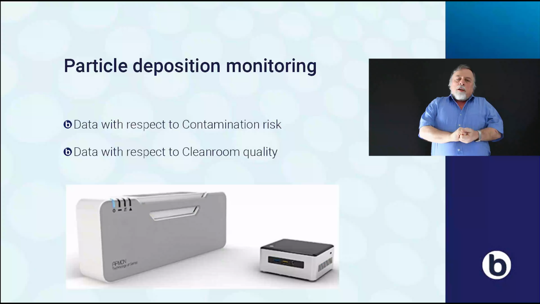It depends on the contamination sources, your cleanroom installation, and the cleaning program. So there are three factors which you can get information on if you monitor your particle deposition rate. And I'll explain that later.